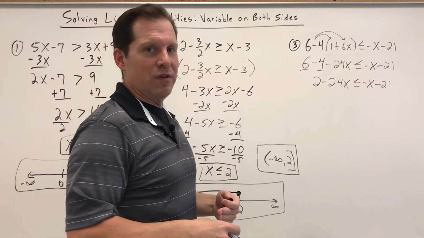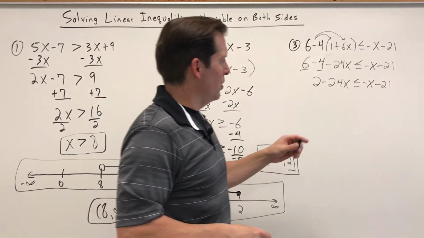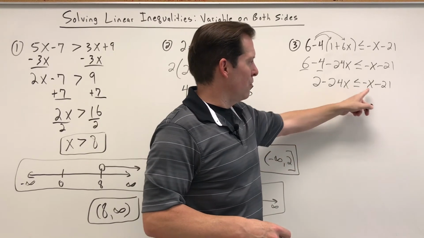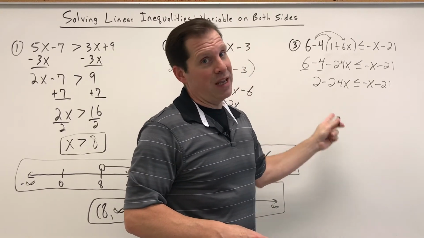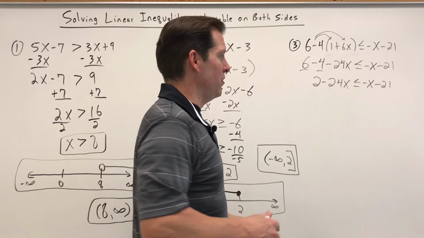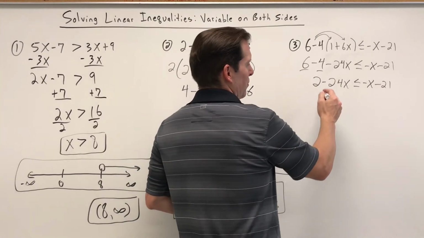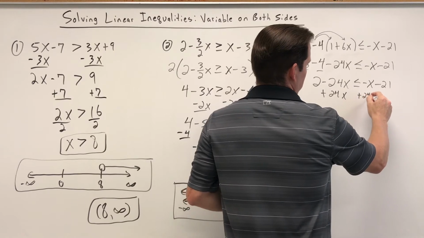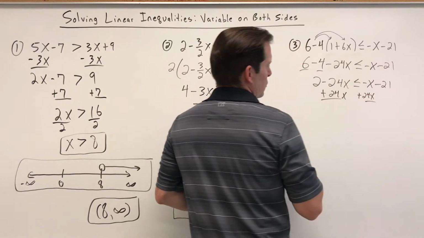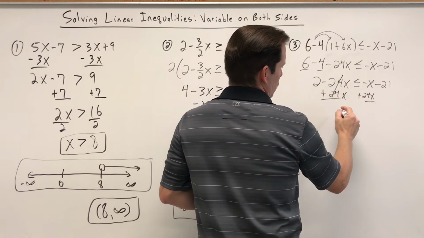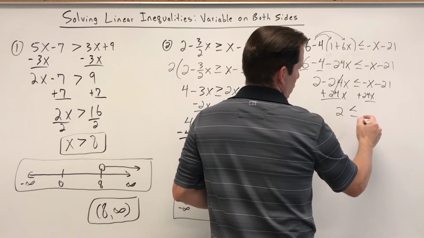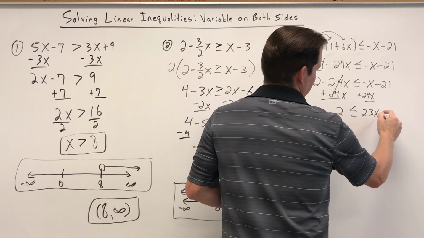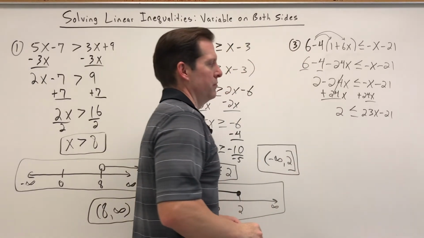Now we've got to commit to moving the x's to one side. So if I move this over here, it'll be positive, but again, it's on the right side, which I'll just go ahead and do anyway. I'll just change it up a little bit. So I'm going to add 24x here. So what does that give me? It gives me 2 less than or equal to 23x minus 21.